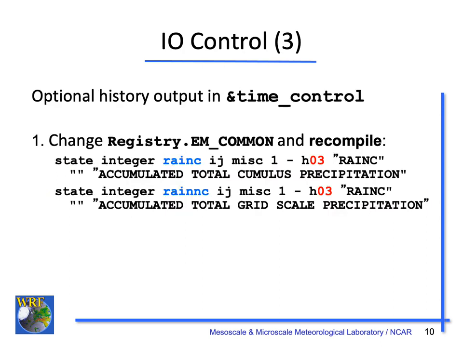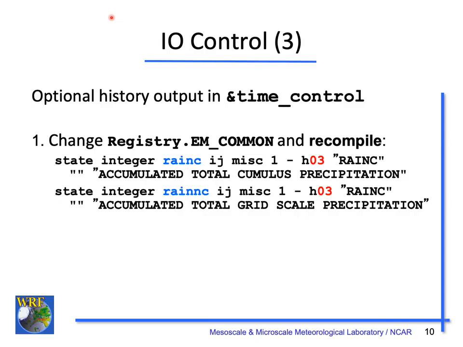When we run the model, the standard history output data is written to the wrfout file in output stream 0 and at the frequency set by history_interval. But we can write selected model fields to different streams and at different output frequencies, provided that these model fields are declared as state variables in the model registry.